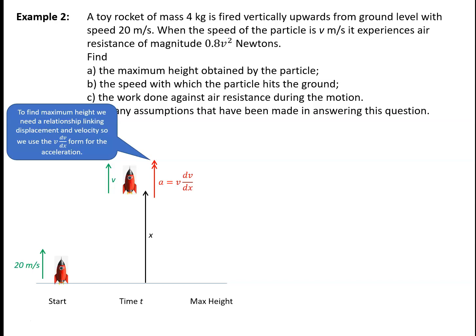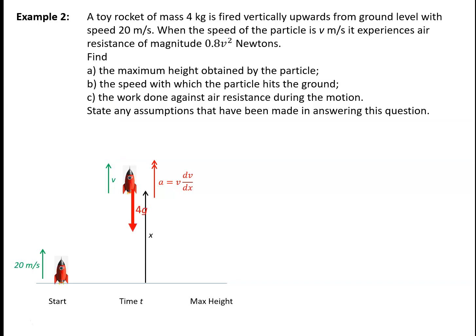Forces acting on the rocket at this stage, well, we've got the weight downwards and we've got the air resistance opposing the motion, so that's also going to be downwards. And when the rocket reaches its maximum height, we'll suppose that maximum height is h meters, and we know at the maximum height the velocity of the rocket is going to be 0.